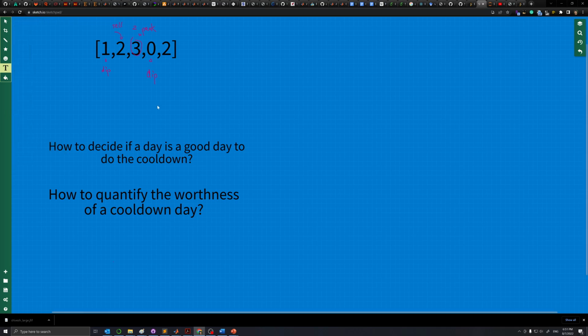But nothing's perfect. Sometimes you just have to make a choice, because what if a peak and a dip are right next to each other? Let me just write that down.